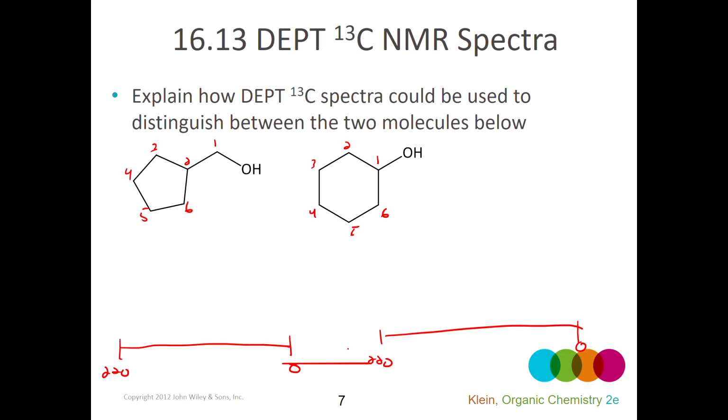So if I were looking at the standard carbon-13 NMR, I'd see 6 peaks in both, except for the fact that there's some symmetry. All right, so I've got to be careful about the symmetry here.